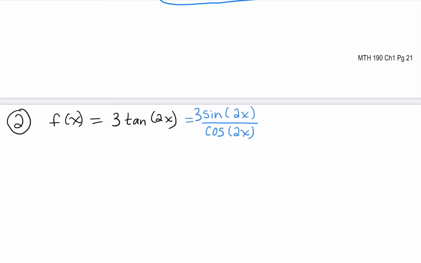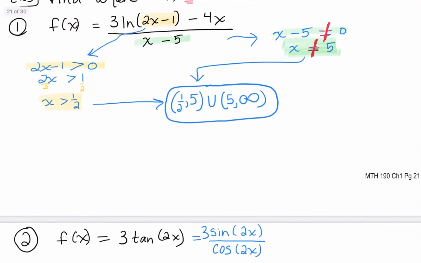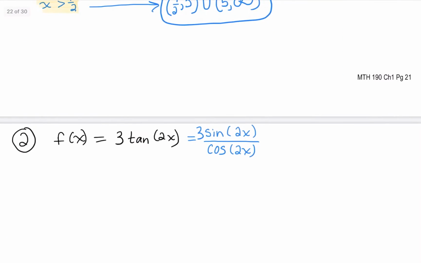And once again, just like up above, we know that we have to avoid where the denominator is equal to 0. So we know that cosine of 2x is not going to be able to be 0. A denominator can't be 0.